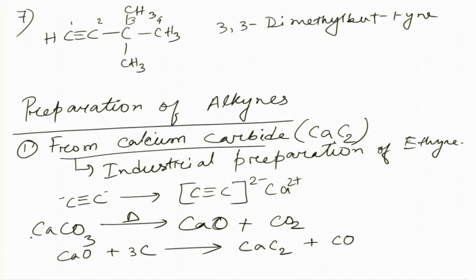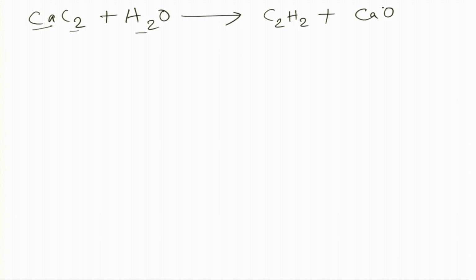Now, this calcium carbide is used for the formation of alkynes. We react it with water, and it gives C2H2, since ethyne has the formula C2H2, plus calcium oxide. So, this is the preparation of ethyne from calcium carbide.